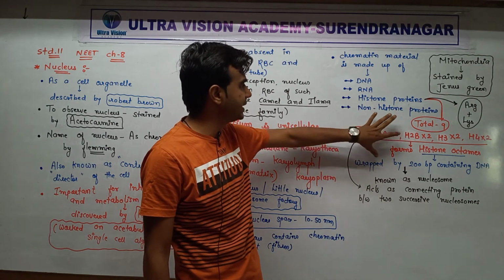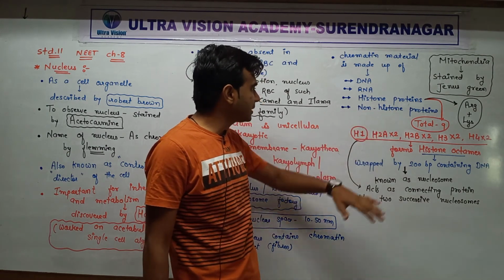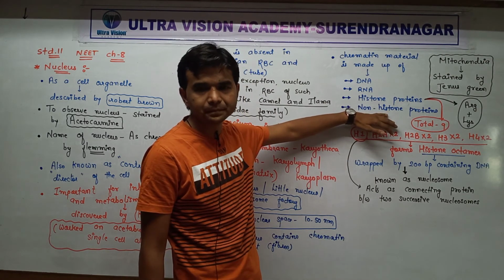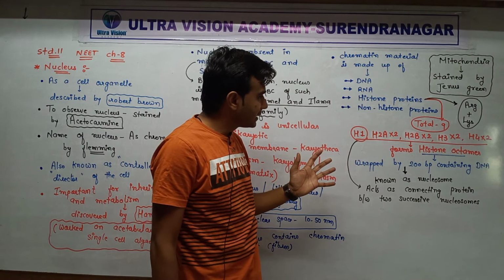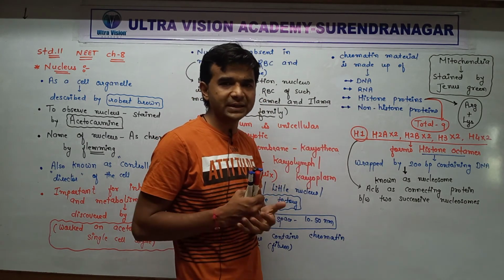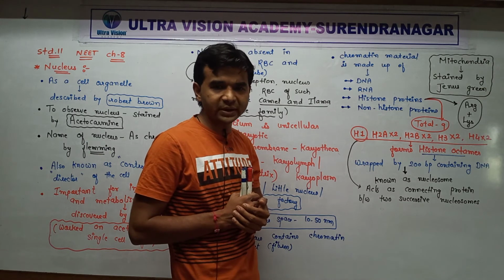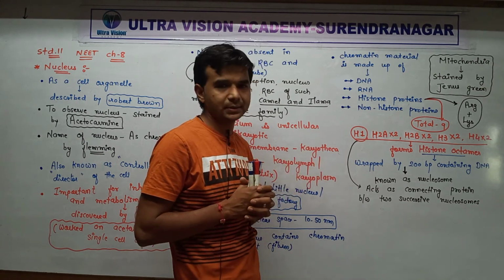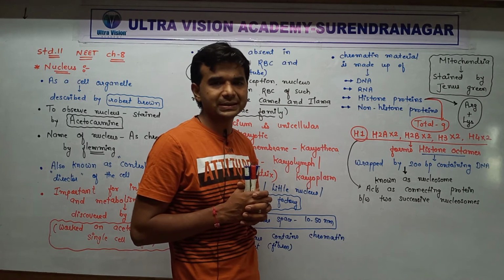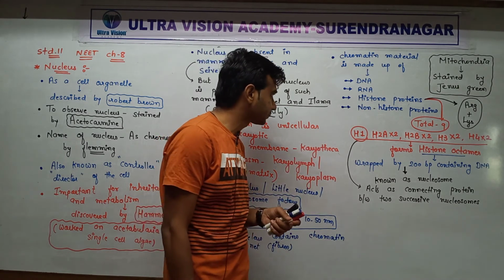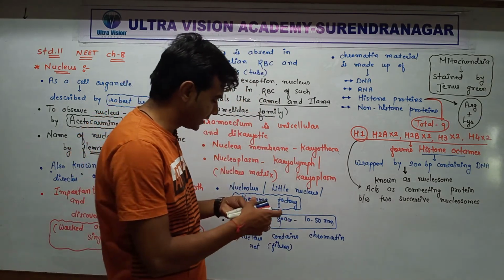Now, so these are the total 9 functions of the total 9 histone proteins. Now you are thinking about what is the function of the non-histone protein? DNA is connected to RNA, and is connected to histone as well as other proteins and other molecules also. So the 3-dimensional structural stability is controlled by the non-histone protein.